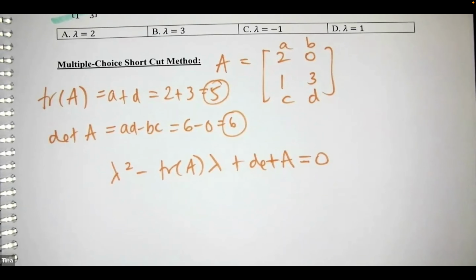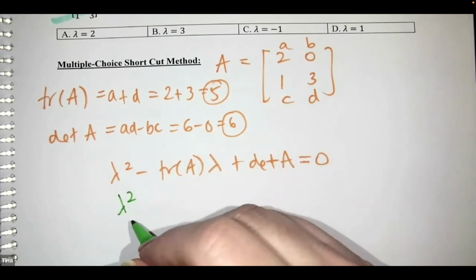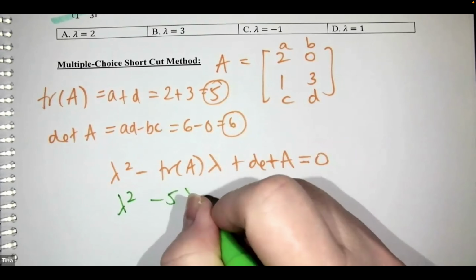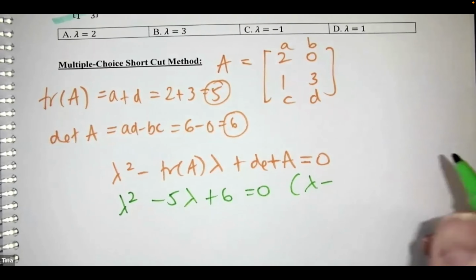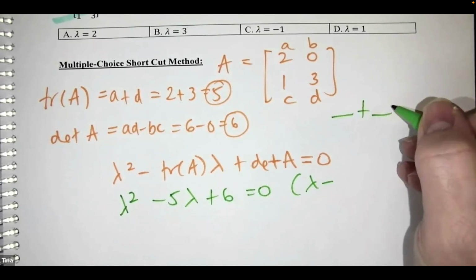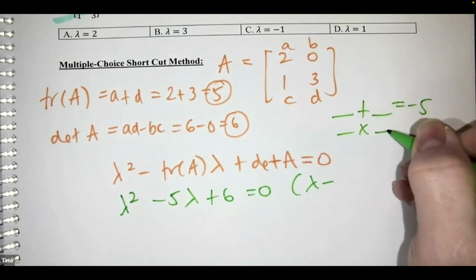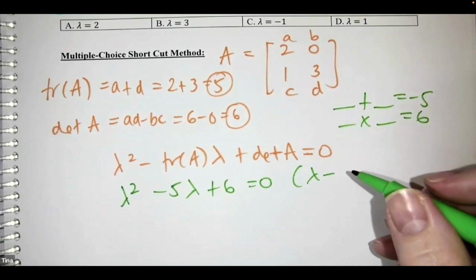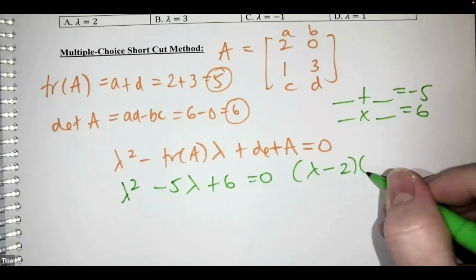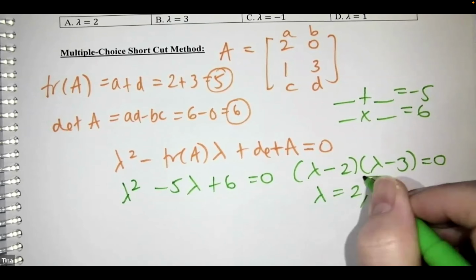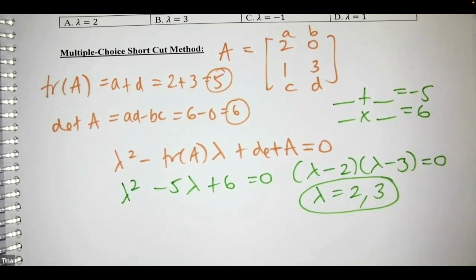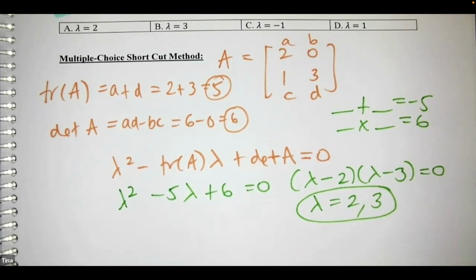The characteristic polynomial is lambda squared minus the trace times lambda plus the determinant. So I need numbers that add to negative 5 and multiply to positive 6. I need lambda minus 2 and lambda minus 3 in any order, so my eigenvalues are 2 and 3. Okay, questions?